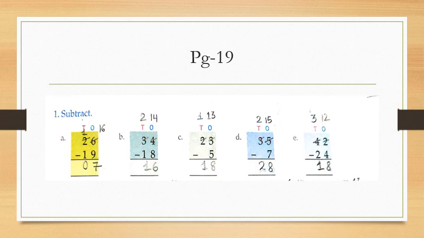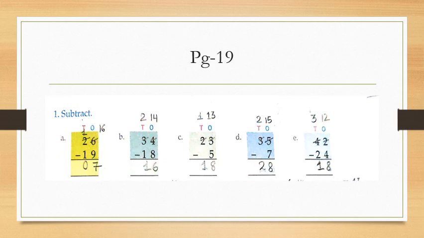So 3 will become 13. Now 13 minus 5 is 8 children. So we write 8 under ones. Now look at the tens. Here 1 is left. So write 1 in the answer at tens place. So your answer will be 18.